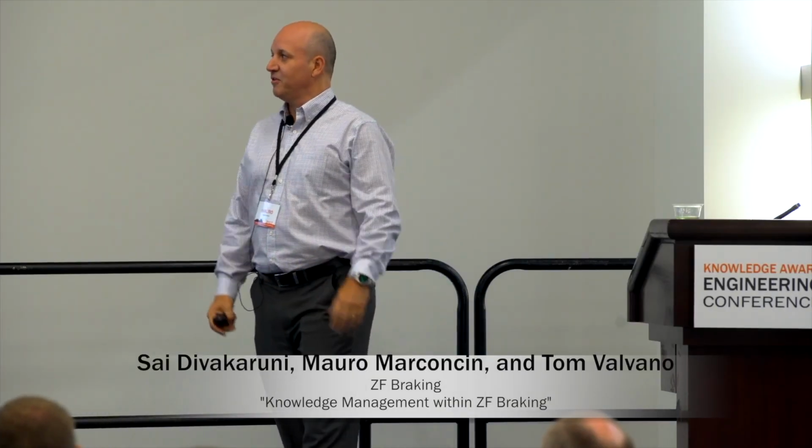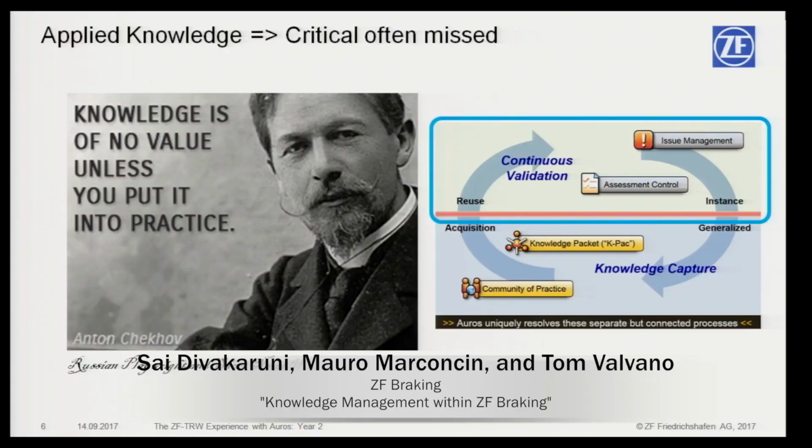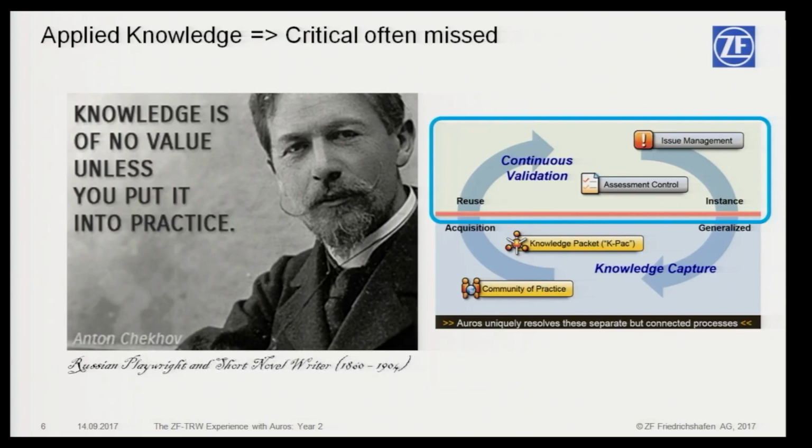People move on, right? They're moving on all the time and they're taking that knowledge with them. They're leaving the company, they're actually retiring. These are traditional, common things that we see within knowledge management. Knowledge is the most important thing you need to have. We can capture knowledge, but if you really don't apply it, we don't have that continuous validation and refinement of the knowledge.